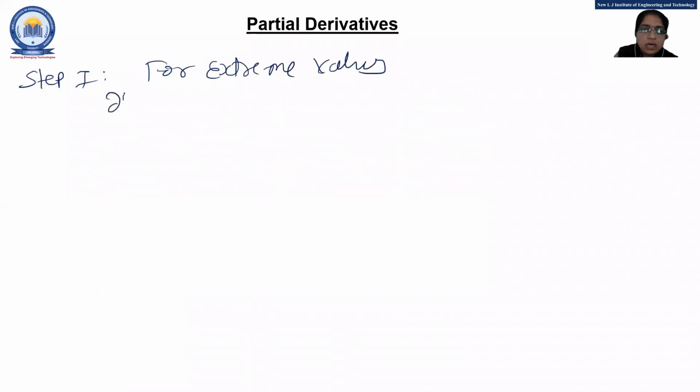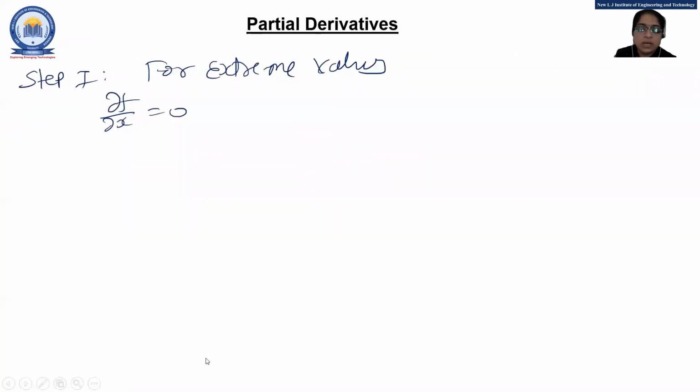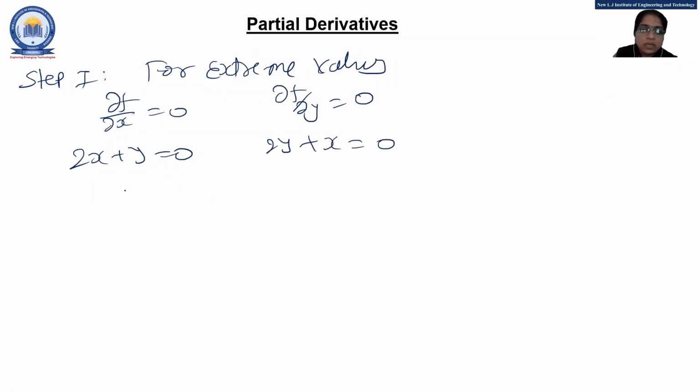That is del f by del x is equal to 0, and the partial derivative of this f with respect to x is 2x plus y. So 2x plus y equal to 0, and in the same manner del f by del y equal to 0, that is 2y plus x equal to 0. This is our equation 1, this one is equation 2.